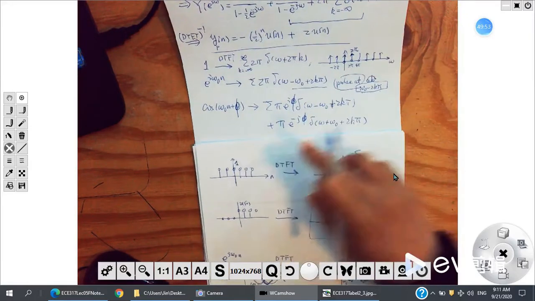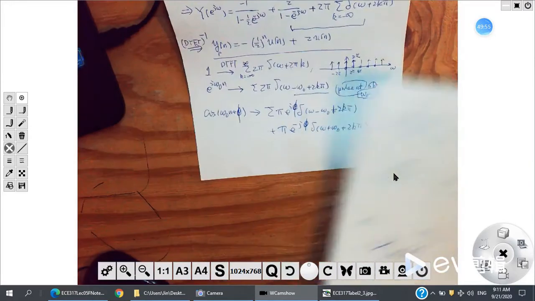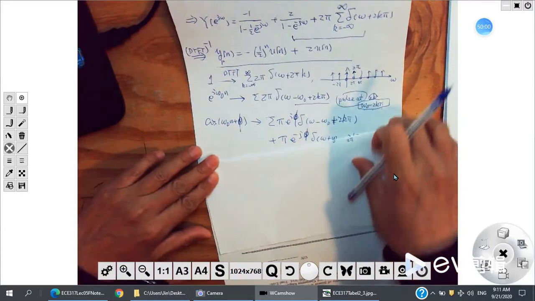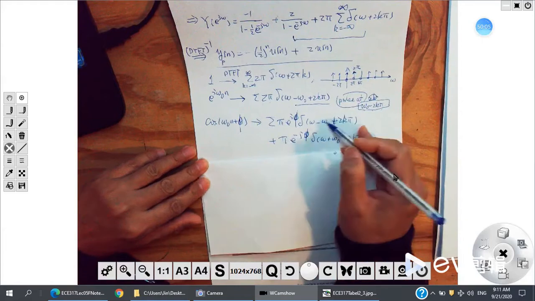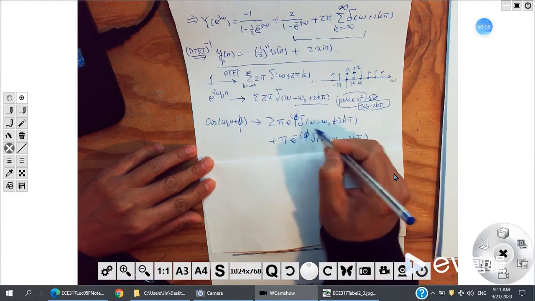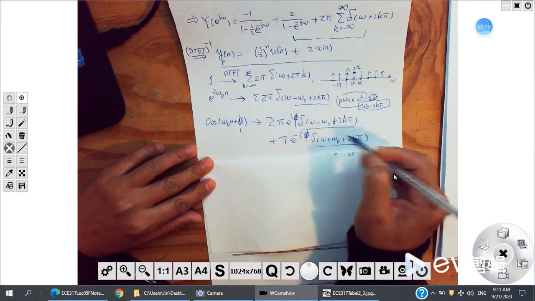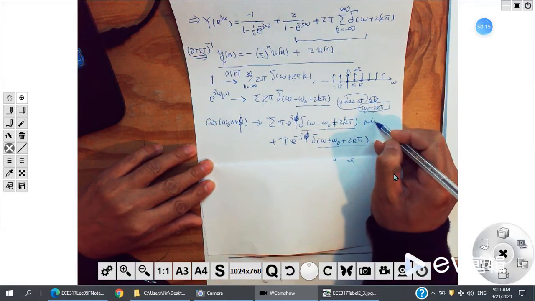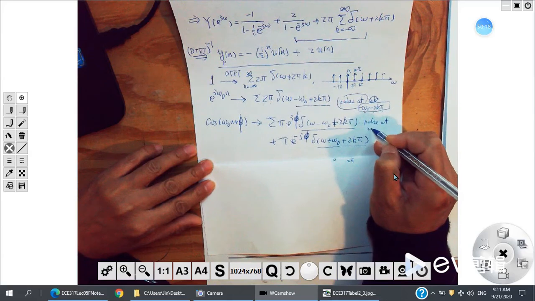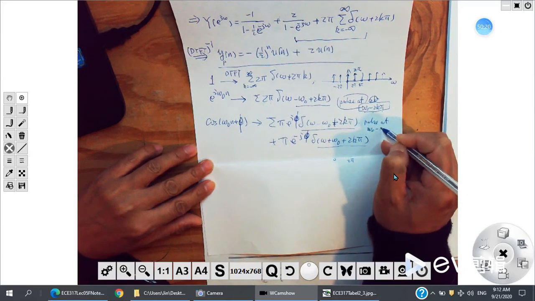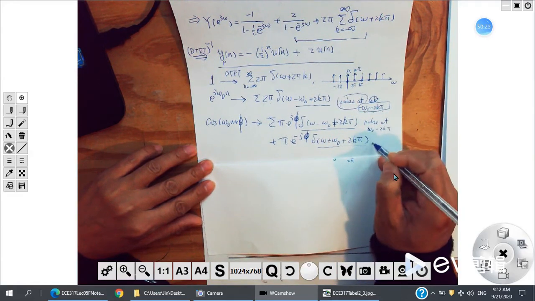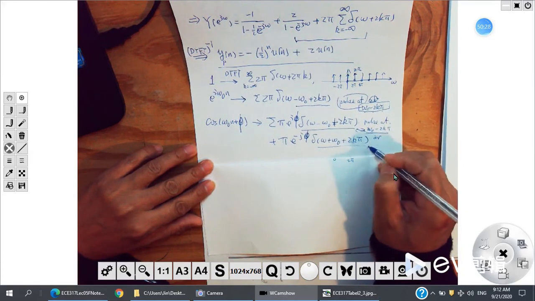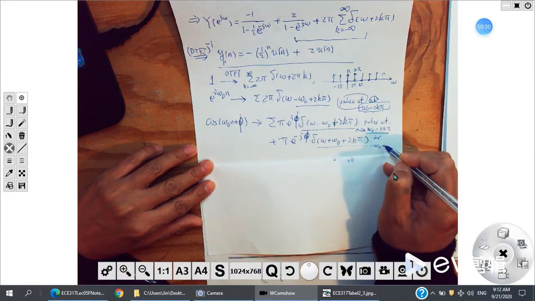Alright. Then cosine. For cosine we have 2 impulses. Each one is an impulse, but at a different place. This one is an impulse at omega 0 minus 2k pi. This one is at negative omega 0 minus 2k pi.